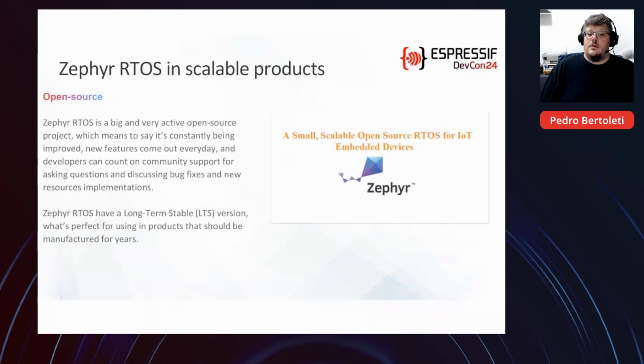Developers count on very active community support for asking questions, discussing bug fixes, and so on. So Zephyr is very friendly for developers because it's open source and very competitive. You can count on people from the community to help you if you need.